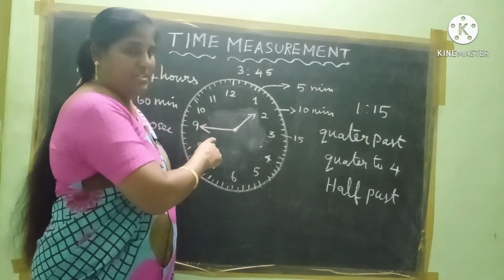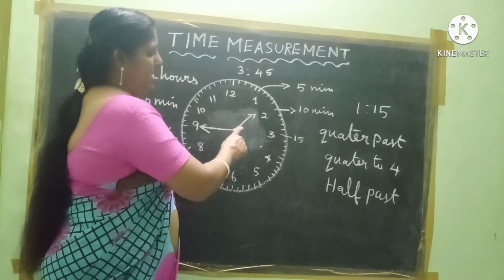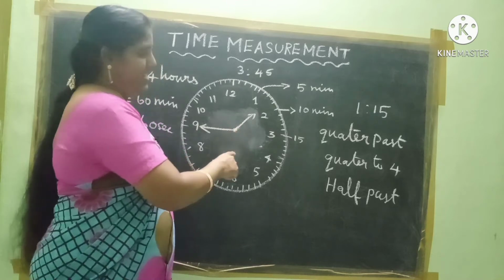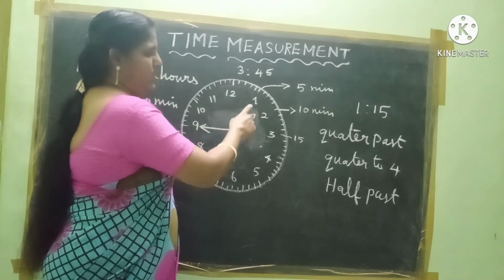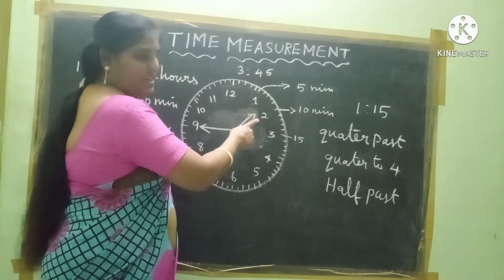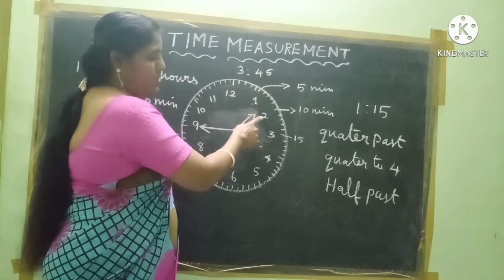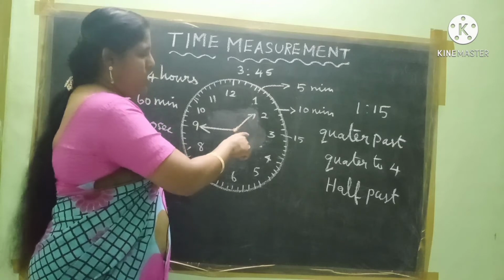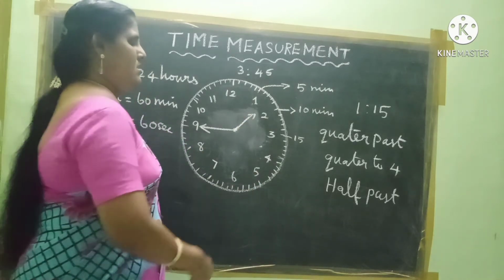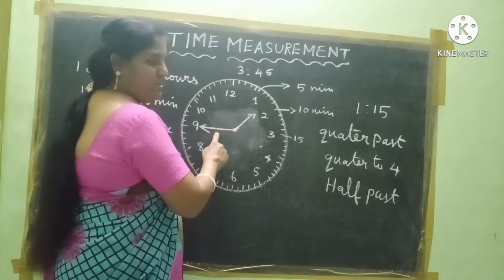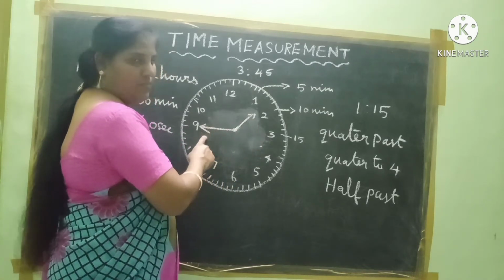The next one. Now the minute hand is on 9 and the hour hand is a little before 2. It is not pointing 1, not pointing 2, but is going to be 2. So what is the time now? How to read it? Yes, quarter to, because it shows 45 minutes.